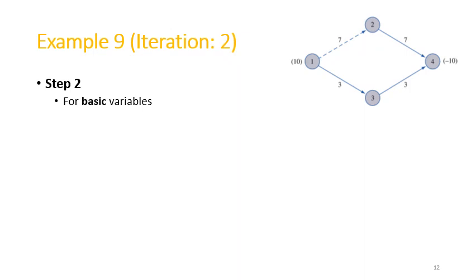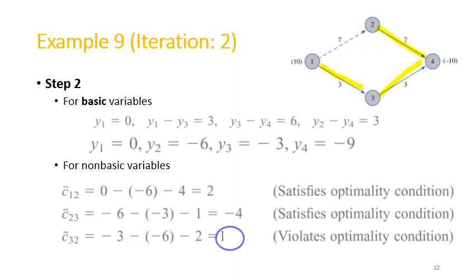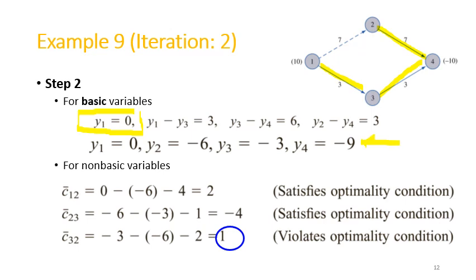So the basic variables here are x13, x24, and then x34. We use those basic variables to compute the y's. Remember to set y1 equals 0 and then solve all these equations to get the y's. And then use those values of y's to compute the z hat for each non-basic variables.